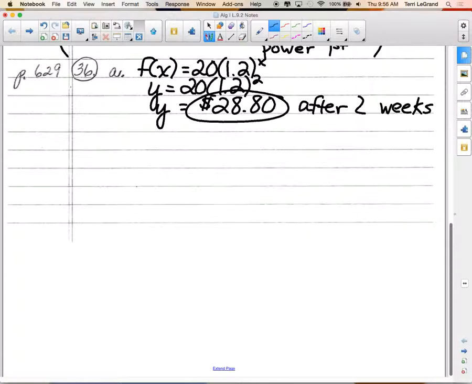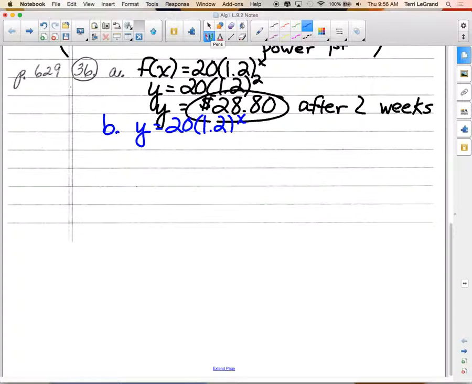B, after how many weeks of the prize going unclaimed will the amount of the coupon be greater than $100? Okay, so now we're to part B. So we have y equals 20 times 1.2 raised to the x power.